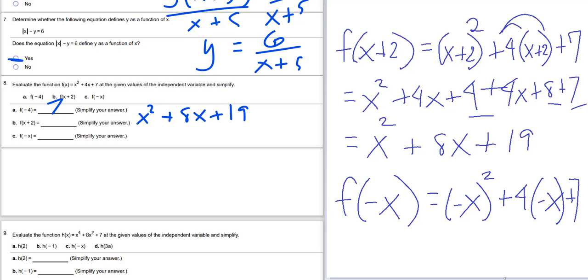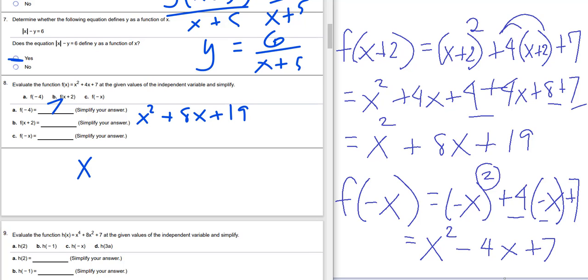And I'm going to see that a negative x times a negative x, that's what that means, two of these guys, is still going to be positive, and it's going to be x squared. But a positive 4 times a negative x is going to be a minus 4x, and then plus 7. So the answer to number 8 is x squared minus 4x plus 7.